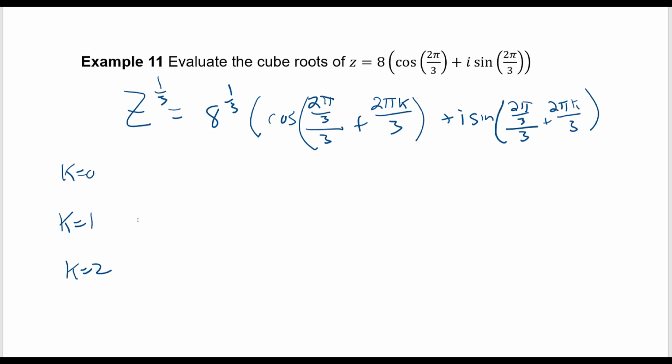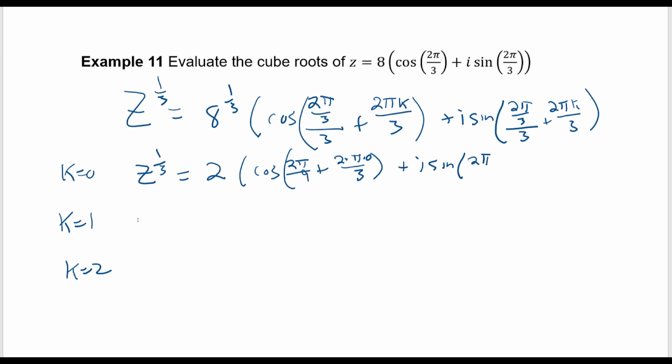So for k being 0, our z to the 1/3, one of the three roots, it's going to be 8 to the 1/3 is 2, times cosine 2 times pi over 3 is 2 pi over 9, plus 2 times pi times 0 over 3, plus i sine of 2 pi over 9, plus 2 times pi times 0 over 3.